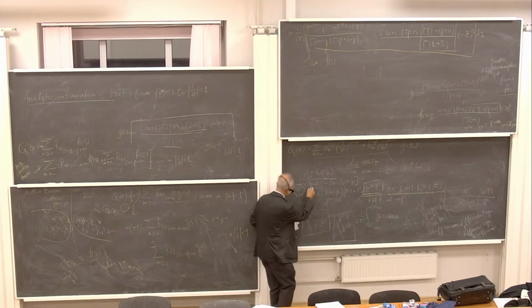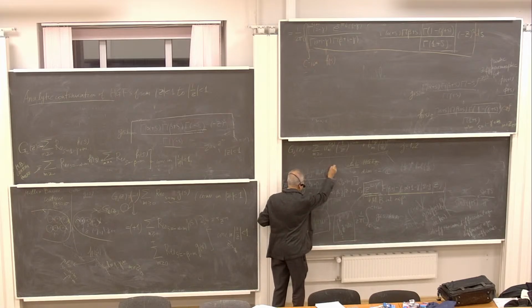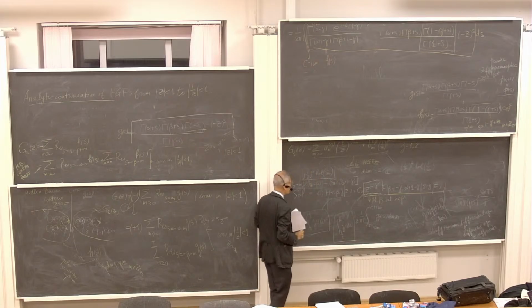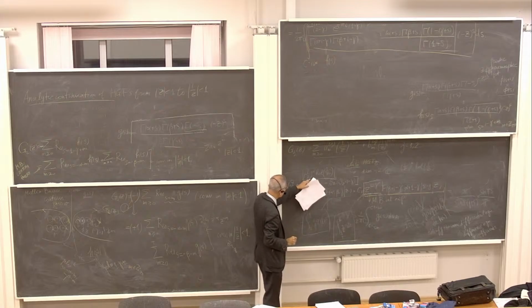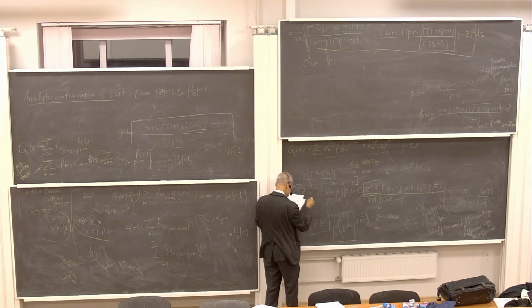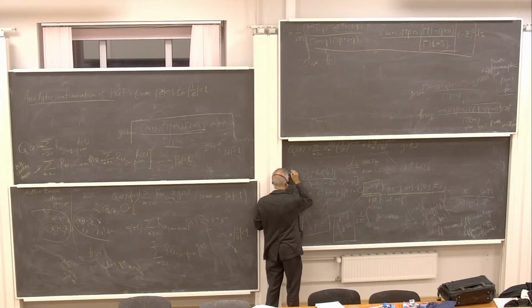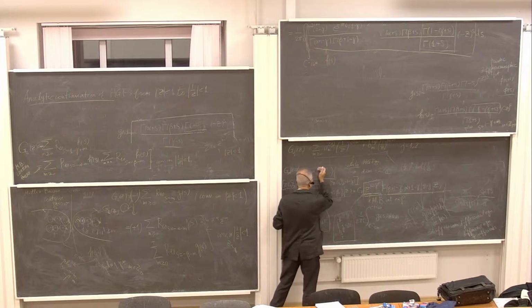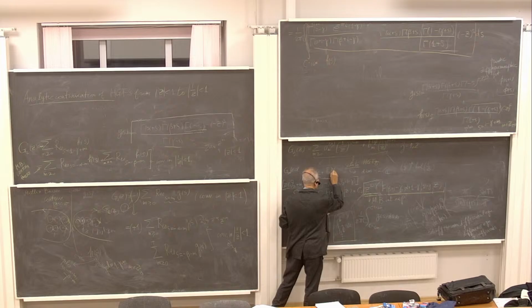You can find a series expansion of this form, with dominant term 1 over z to the power alpha. Let us denote this solution by G infinity z alpha. Maybe I begin from 1 plus some holomorphic function in 1 over z.